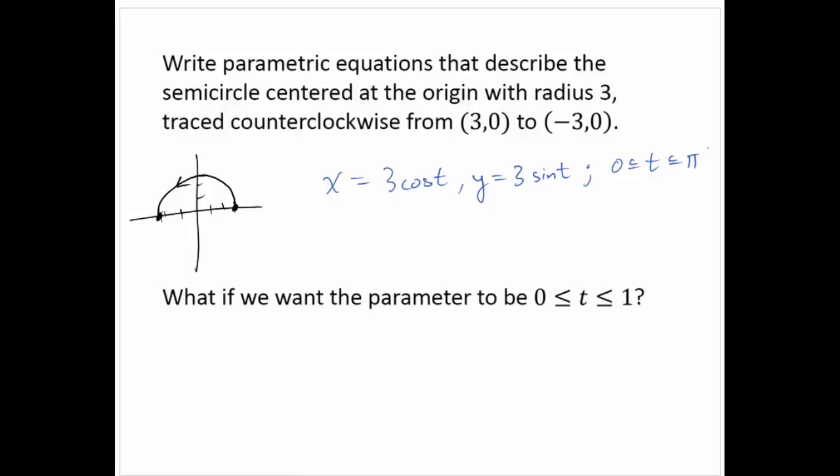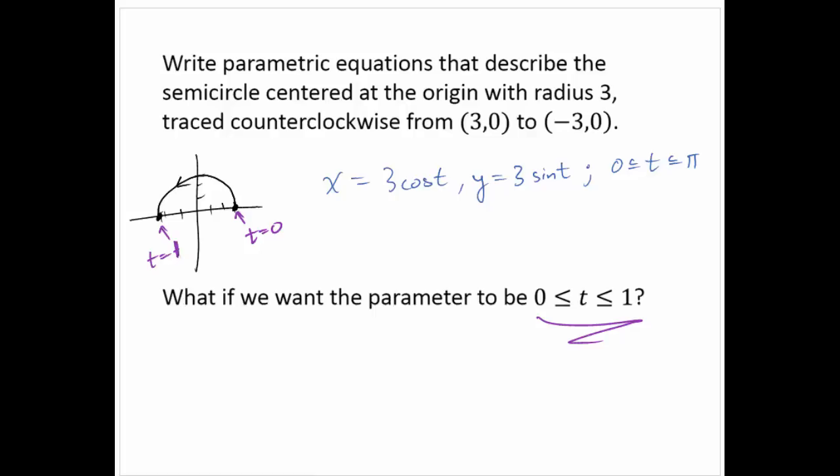Now, what if we want the parameter to be 0 to 1 instead of 0 to pi? So what this is saying is we want our initial point now. Right, so if we want this, what we're saying is that this point is associated with t equals 0, and this point is associated with t equals 1 instead of pi.